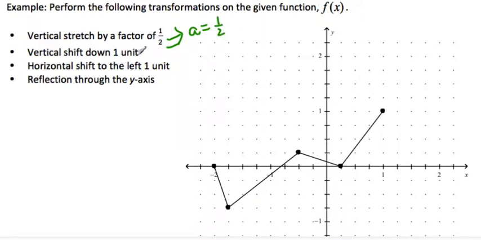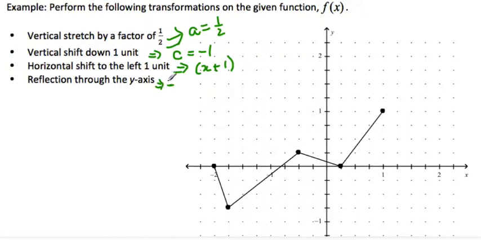Okay? Vertical shift down 1 unit. Well, this one's talking about c. So this implies c is going to be -1. Horizontal shift to the left one implies that we're going to have x plus 1. And then a reflection through the y-axis implies that we're going to have a negative value inside our function.